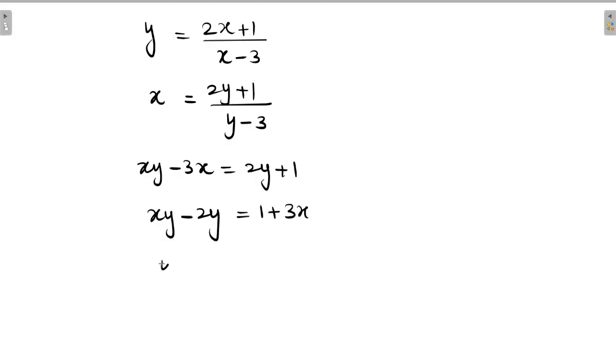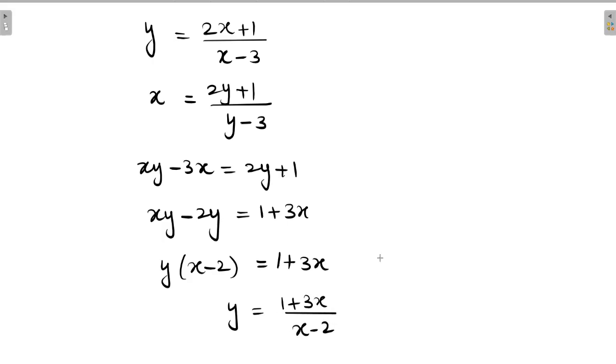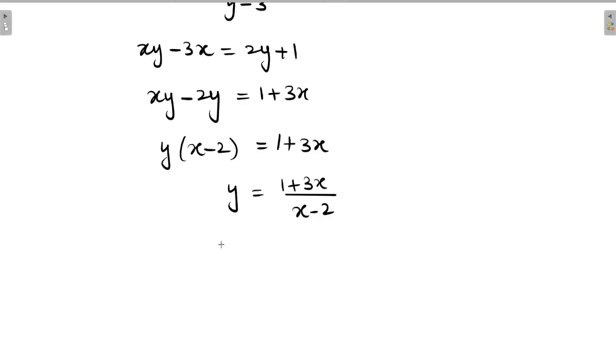Now take y as the common factor, y into (x minus 2) is equal to 1 plus 3x. So y equal to (1 plus 3x) divided by (x minus 2). This is the required f inverse of x equal to (1 plus 3x) by (x minus 2).